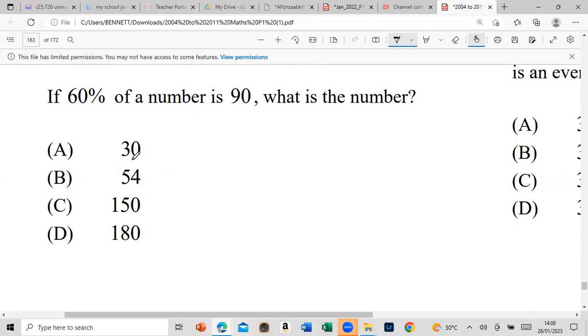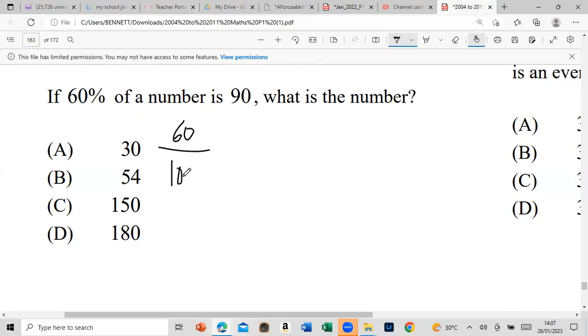You could try 60% of 150 and see if you get the 90. Alright, but I'm going to show you how to do it. But I'm saying that if you don't remember, you can use that avenue. Use trial and error to just figure it out. Alright, so what it is, they say 60% of a number.